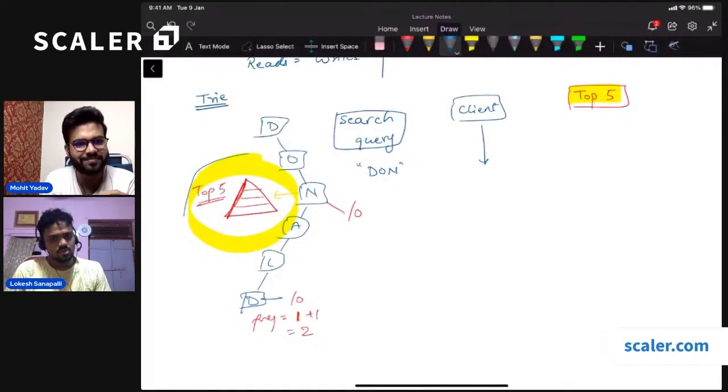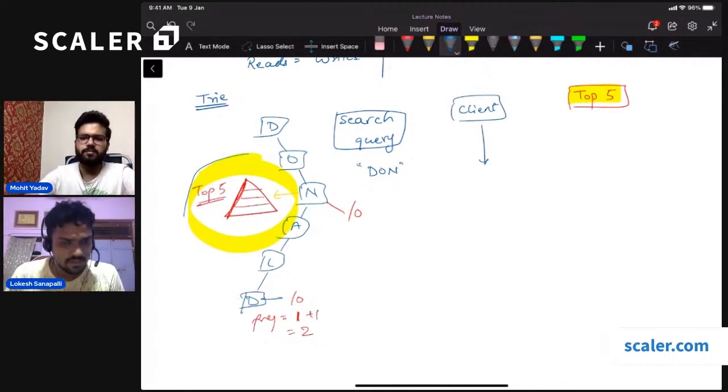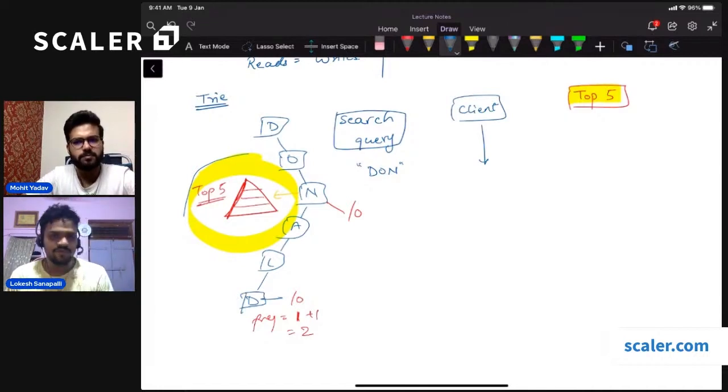What other problems do we have with it? When we scale this up, the main problem would be the storage. How do we handle such a huge scale?